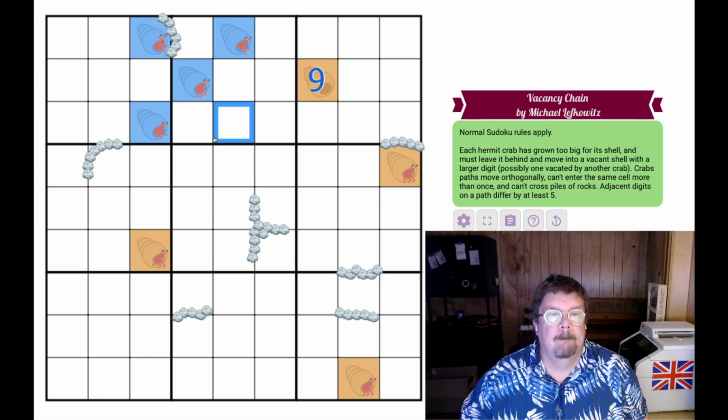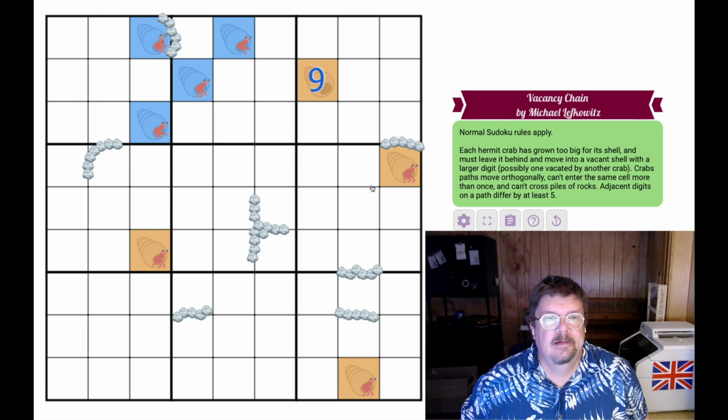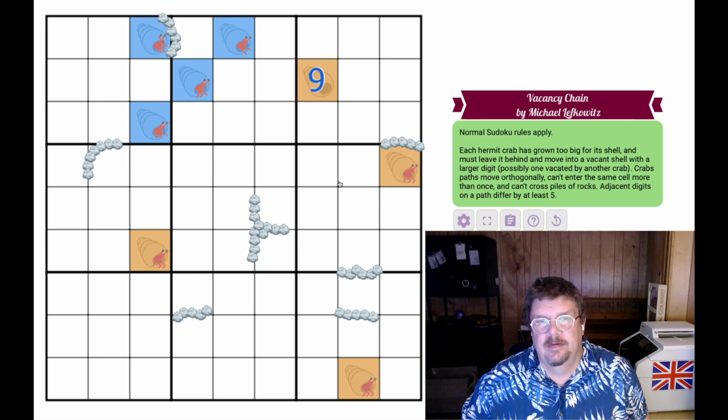Okay, so how does that help us? Well, we can draw in some bits of line. So, for example, we know that our German whisper line is ending here on the 9, and we know it's going to start on a 1. We don't know where the 1 is yet, but we know that it's going to end here.